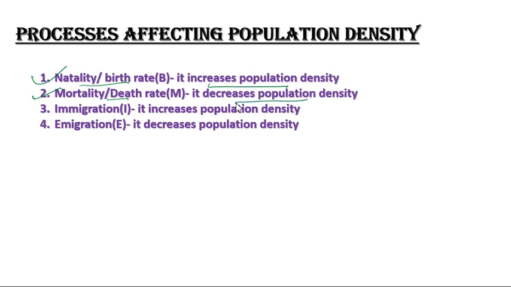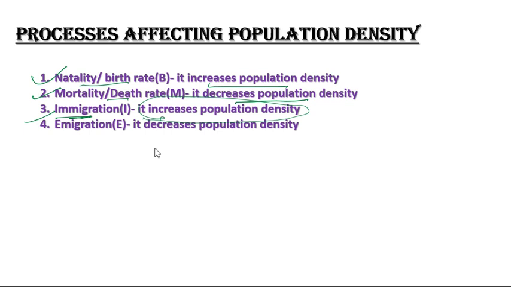It will decrease the population. Now emigration and immigration. If you become a big doctor and go out of India, you need to do the emigration part and then the immigration part. Emigration means exit and immigration means entry. So immigration means what? It increases the population density. Suppose you are moving from India to England: you emigrated from India and immigrated to England.